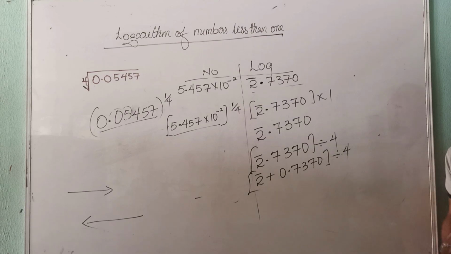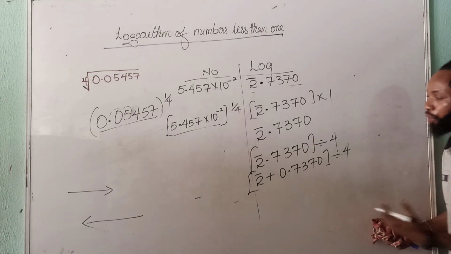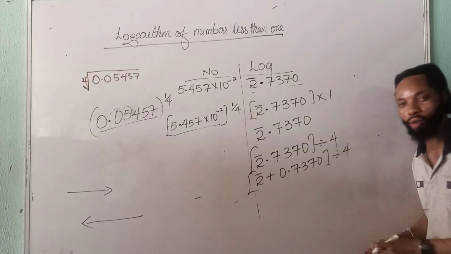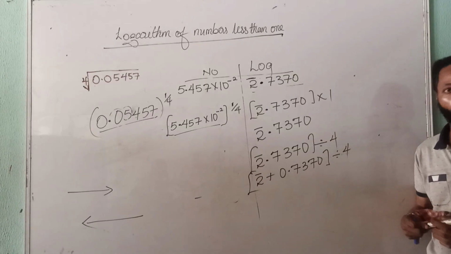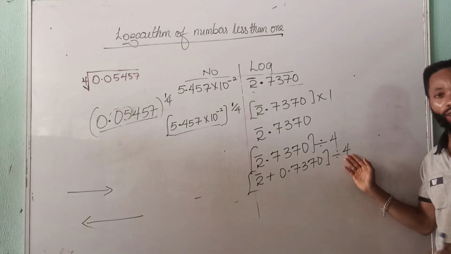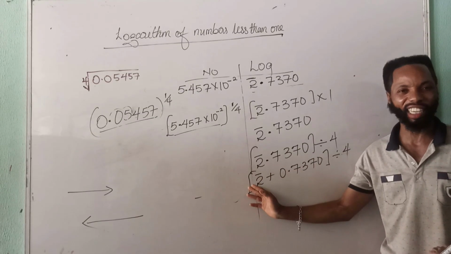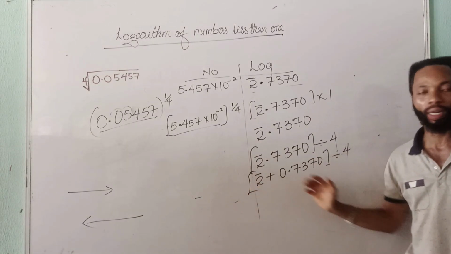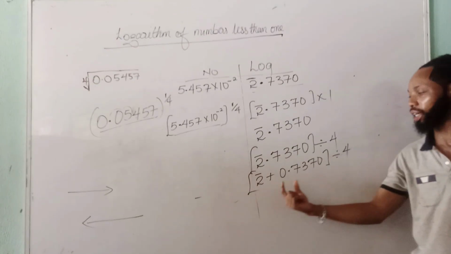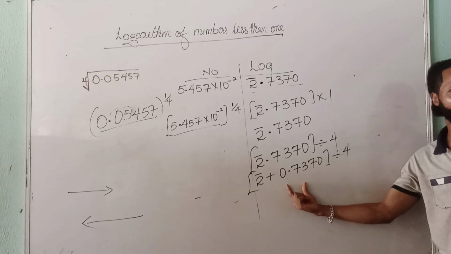Now, for a better explanation, we are going to divide this whole thing by 4. But we don't want stress. We want to look at it in a simple way. Let's look for a number. We need a number that 4 can divide easily. So we're going to add a number to this place, and that same number will be added as a negative to this place so that it looks like we're adding a 0.